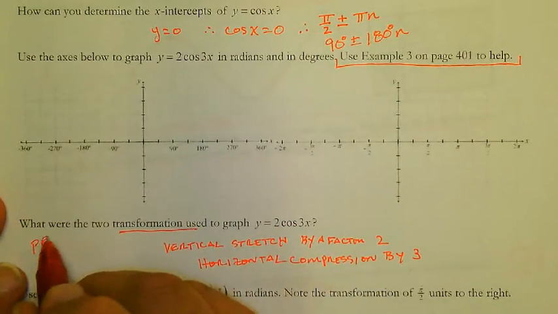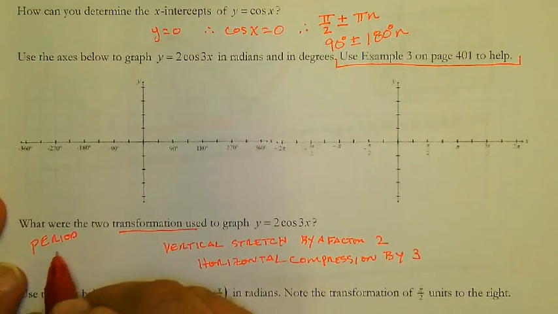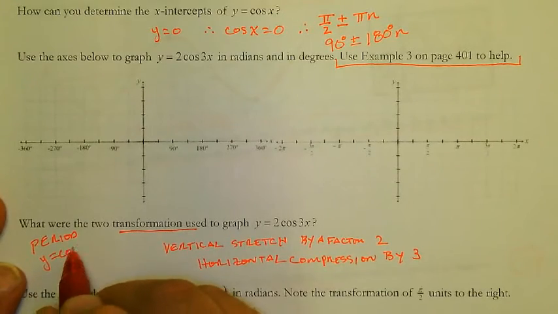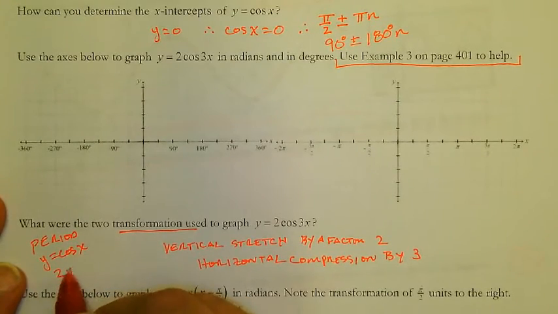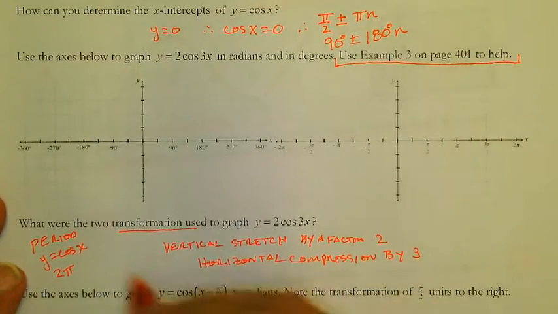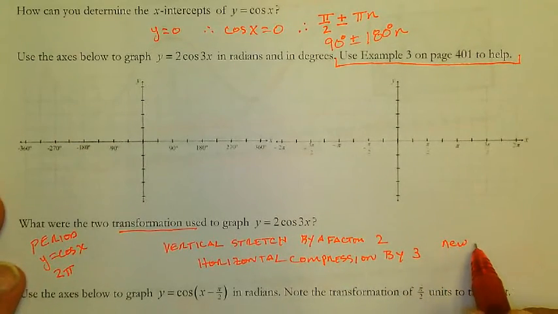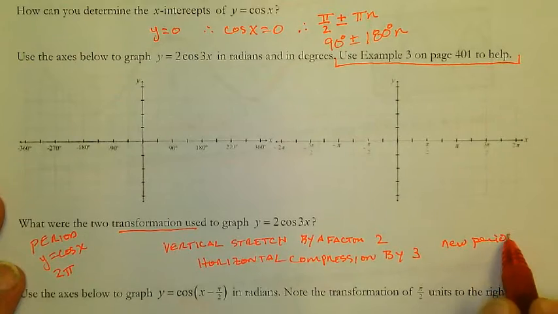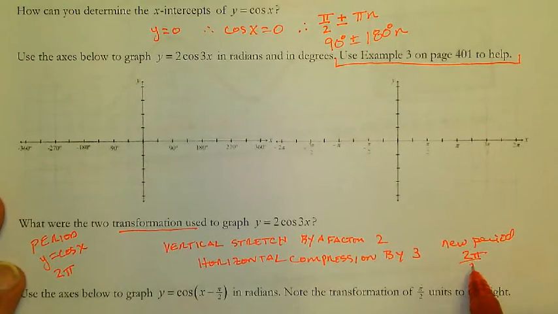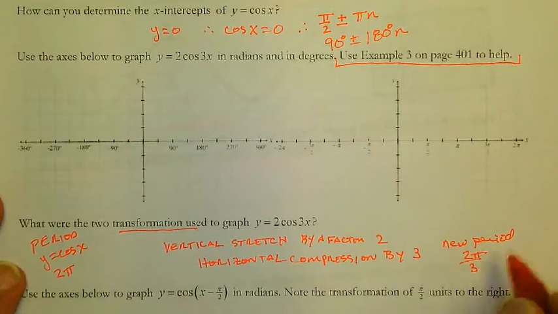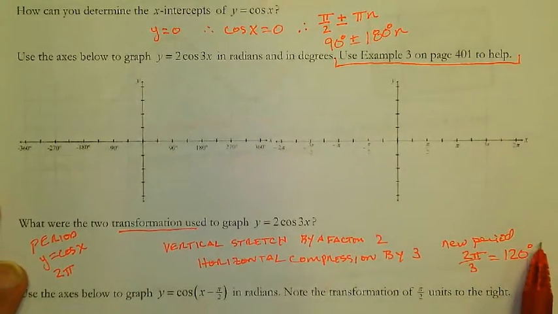My typical period for y equals the cosine of x is 2 pi. Right? If I compress horizontally by a factor of 3, my new period is 2 pi over 3, which is the same as 120 degrees.